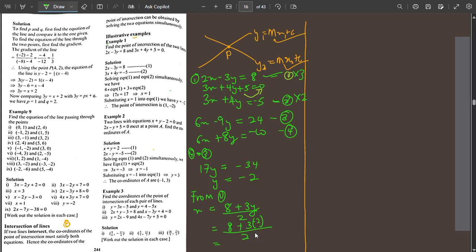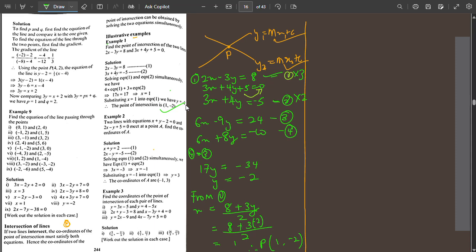Minus 2. This 8 minus 6, right, over 2, that's 1. So in the end, the point of intersection becomes x value 1 and y value minus 2. So that's what we found. This is the point of intersection.